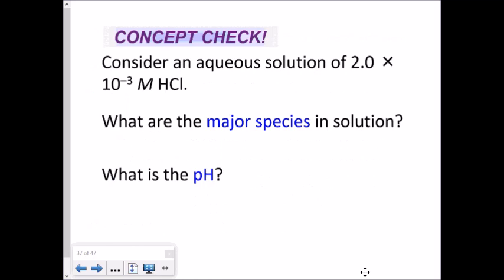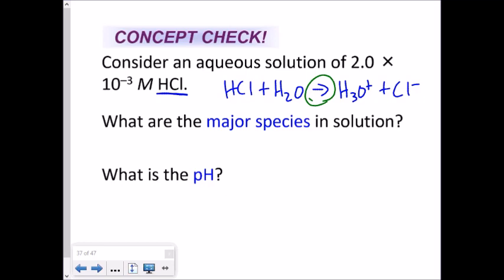So here, once again, we're looking for the major species. We do know, from what we went over last time, that hydrochloric acid, the strong acid, is supposed to completely dissociate or ionize in water. Okay? Completely dissociate. So you get HCl plus the water, and it's going to make the hydronium and the chloride. I draw the arrow in this direction because it's supposed to go to completion.